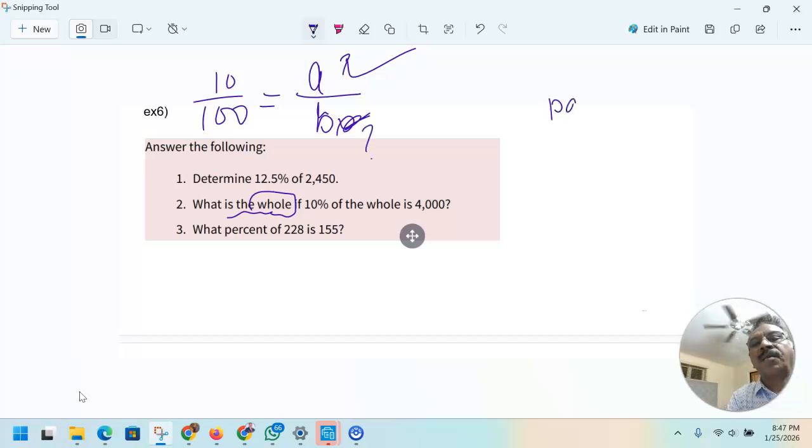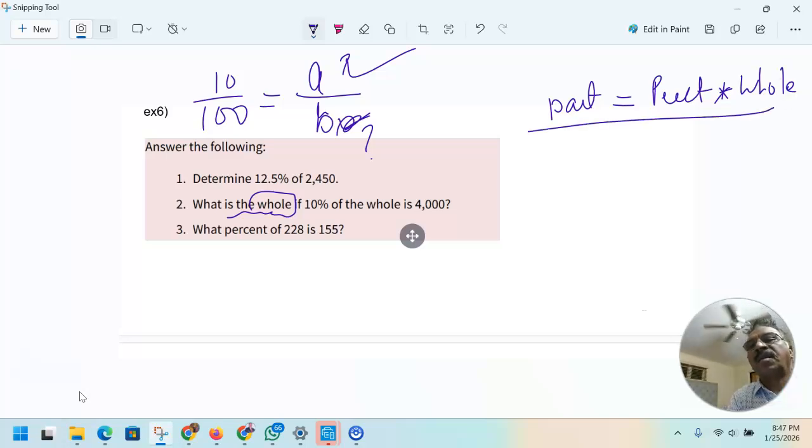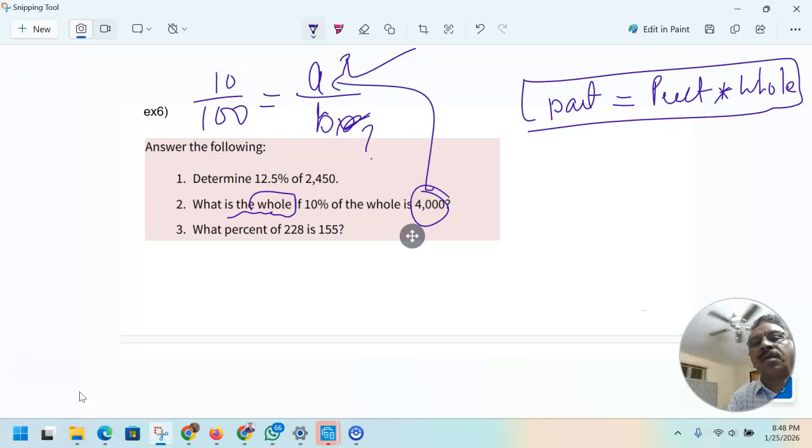The part is percent times the whole. So if the question asks for the whole, let's put the answer. This is 4,000. So I put 4,000 is percent, 10%, which is 10 out of 100.